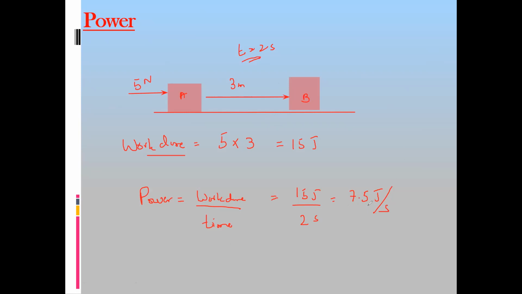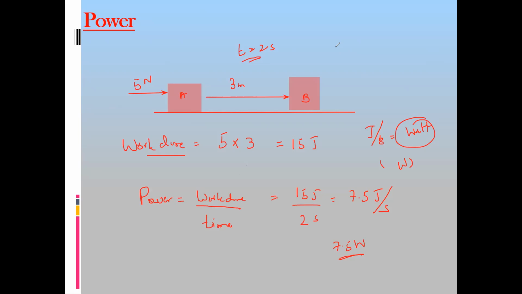So this one is doing 7.5 joules of work in every second, and this joules per second is also known as watts. So we can use capital W. So instead of writing joules per second, we can also write capital W, meaning watts. The unit of power is watts or joules per second.